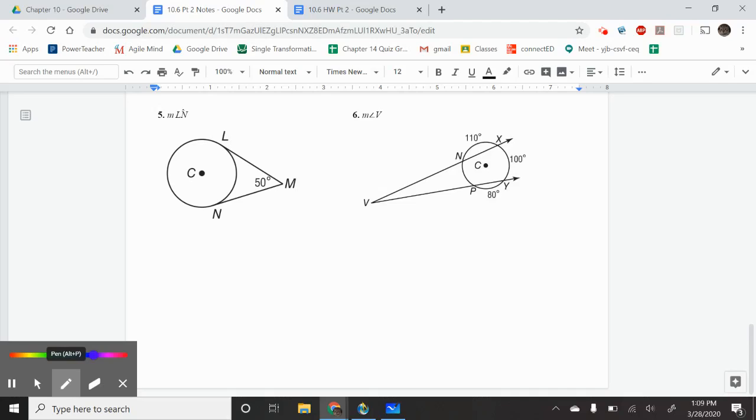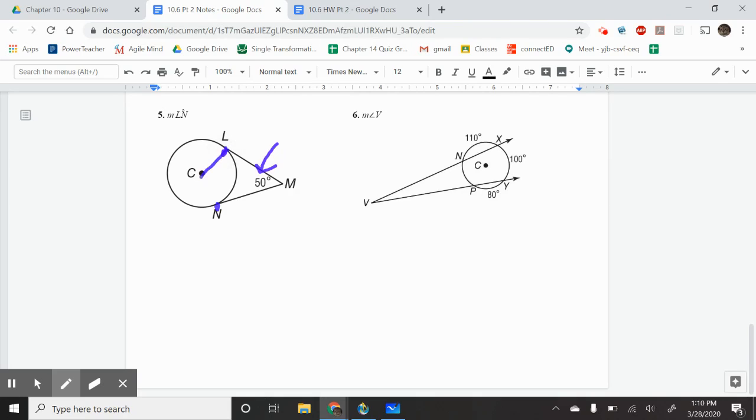So here we are on number 5. Okay, now in this case, this is one of those cases where it looks like they've given you absolutely no information. They've given you the angle on the outside is 50, and they've given you nothing else. But this is a case of two tangents, so we actually do have enough information.